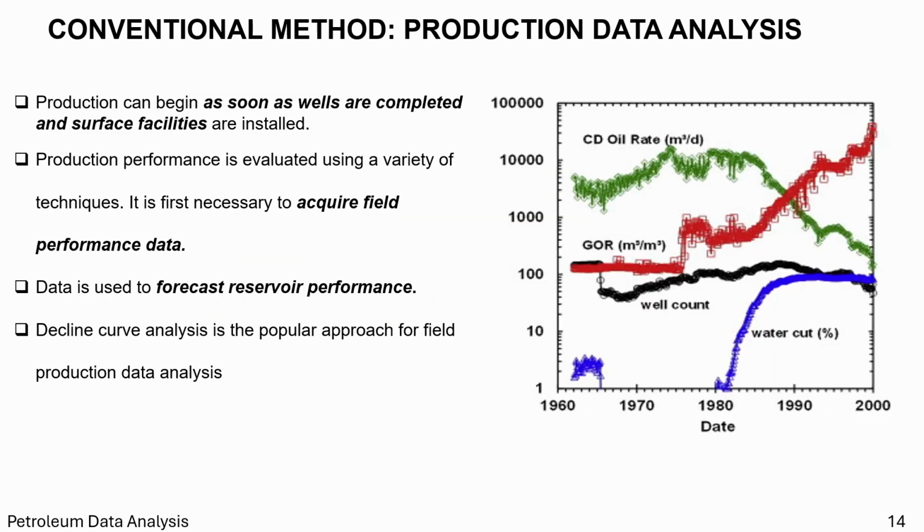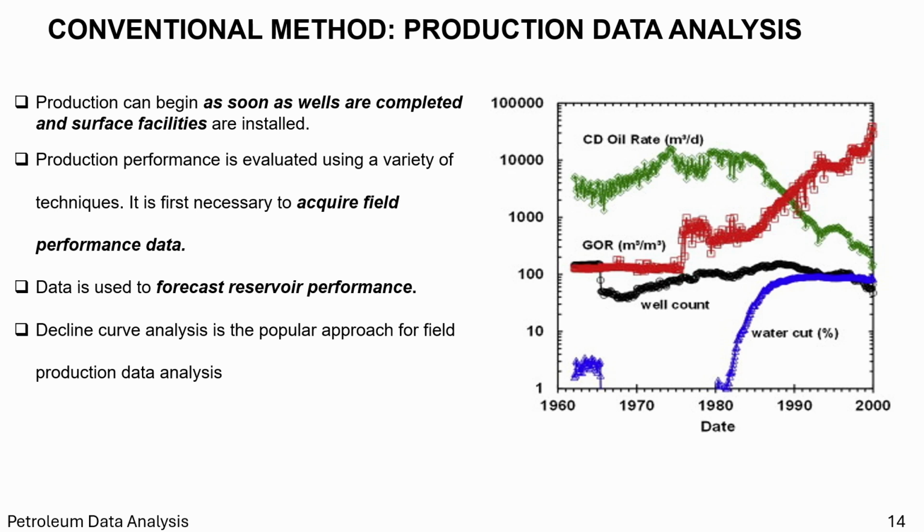This slide explains that production can begin as soon as wells are completed and facilities are installed. Performance is evaluated using field data, and these data are used to forecast reservoir performance. It also notes that decline curve analysis is a popular approach.